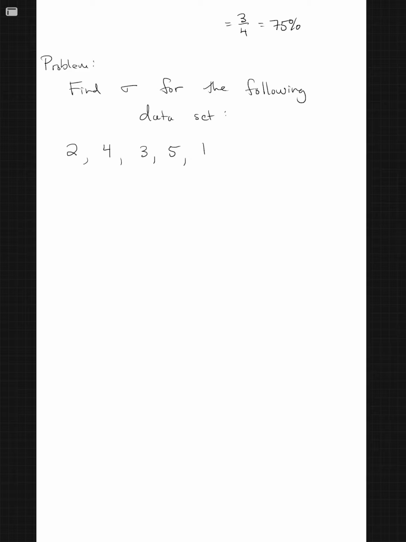Right? So, if we recall, the formula is sigma equals the square root of the sum of xi minus mu squared all over n. So we need to know what n is. We need to know what mu is.